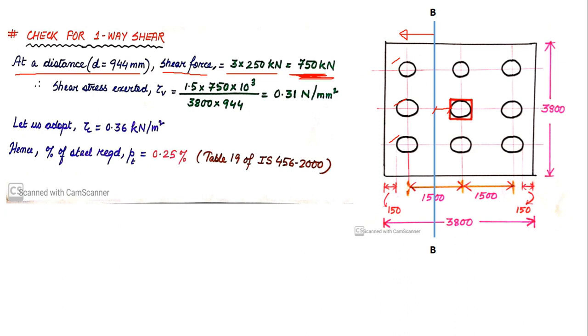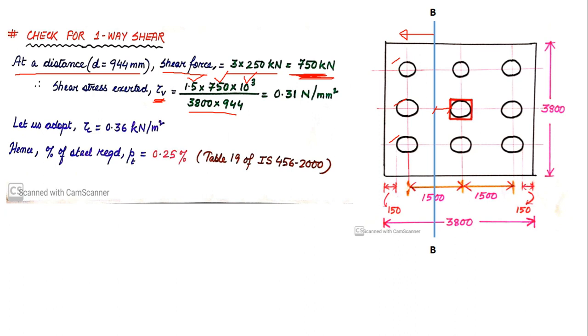Now let us look at what the shear stress will be. Shear stress acting is denoted by tau v. How to calculate it? It will be shear force divided by the area. Shear force is 750 kilonewton, and I apply the factor of safety 1.5 and 10 to the power 3, so that it is in Newton. And what will be the area?